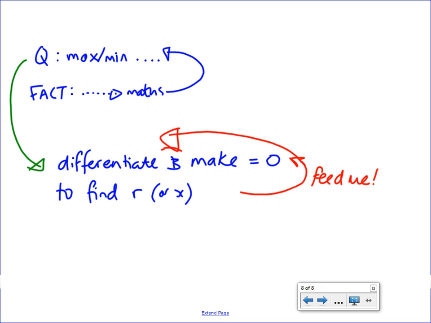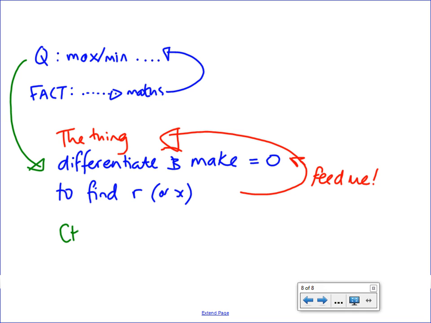So differentiate it, make it naught, find r or x or whatever it is, feed that back into the thing, and then we know what the actual maximum or minimum is.